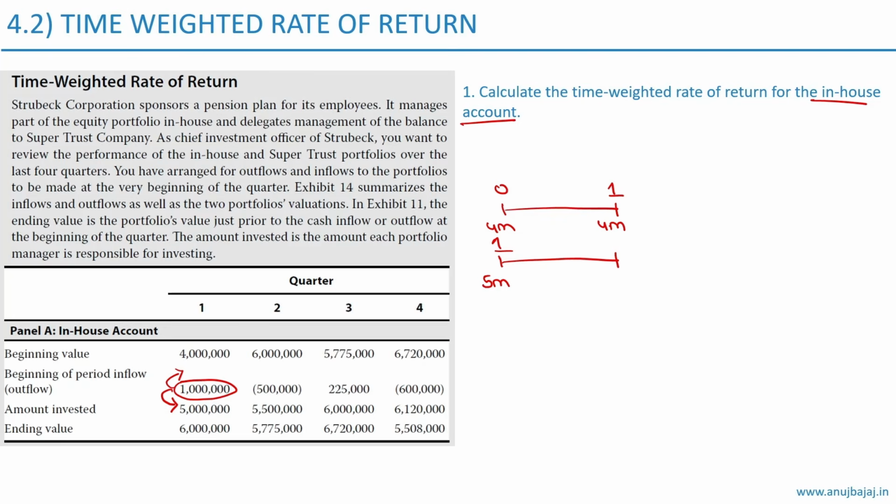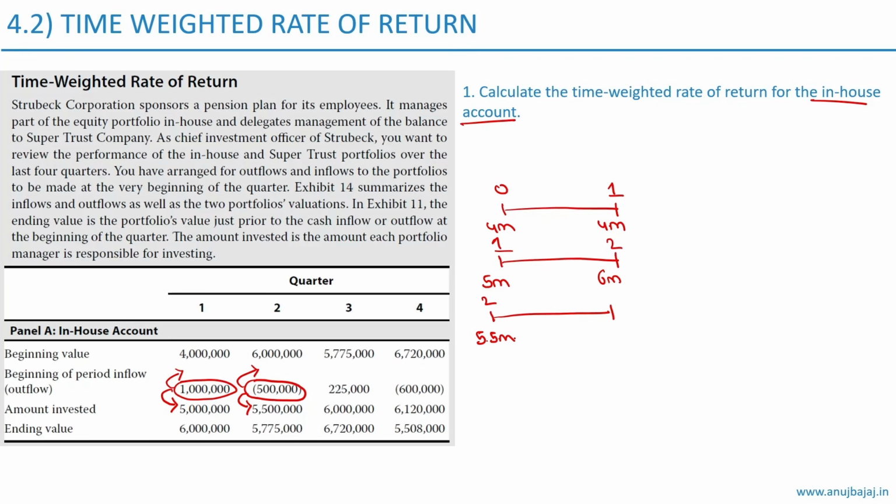Now let us see when does the next cash flow occur. The next cash flow occurred at the beginning of second quarter. So let us see what is the value of the portfolio just prior to the cash outflow. It is 6 million. Our third sub-period starts right after this cash outflow and the value of the portfolio is 5.5 million.